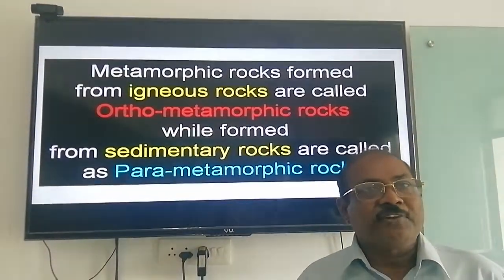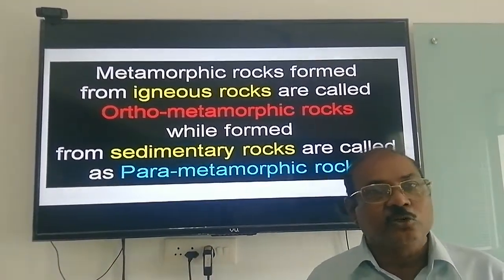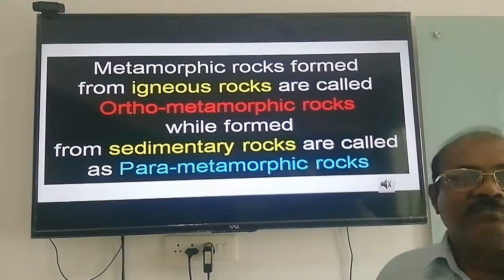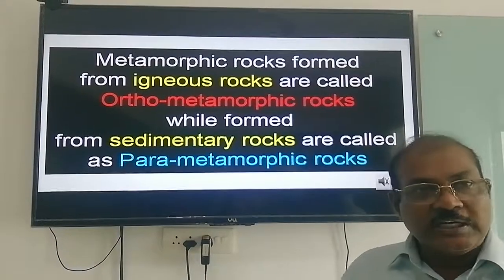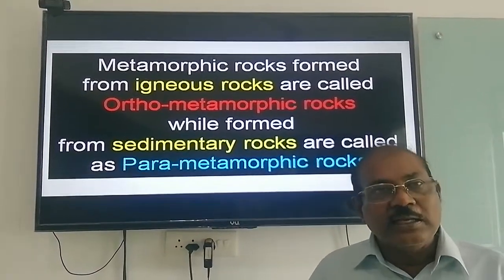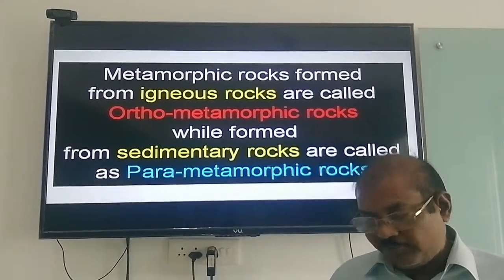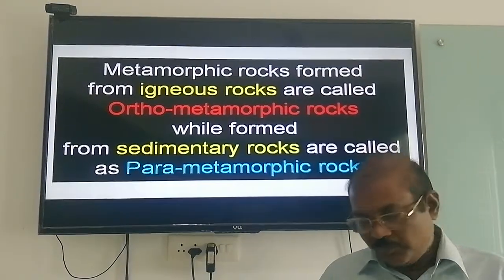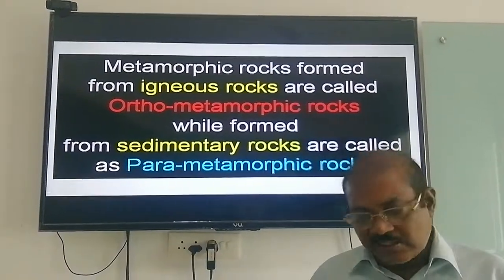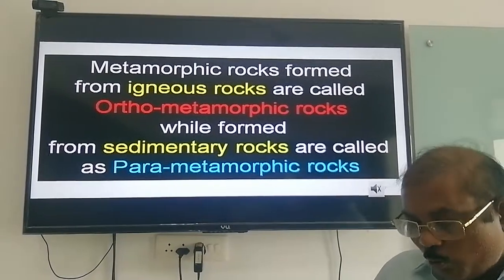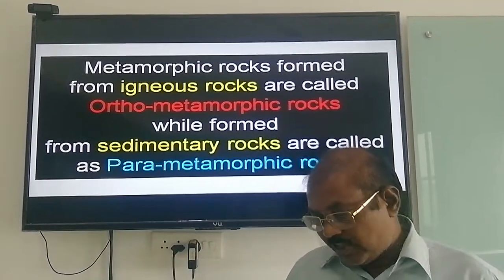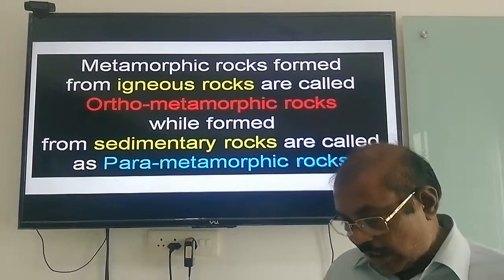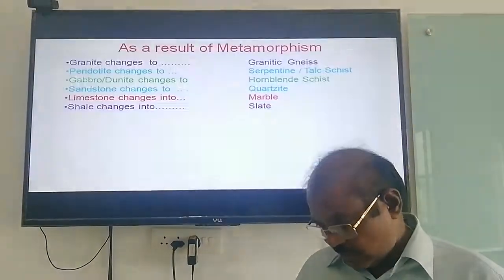Metamorphic rocks are classified into 2 types, orthometamorphic rocks and parametamorphic rocks. The difference is clearly explained here. Metamorphic rocks formed from igneous rocks are called orthometamorphic rocks, while those formed from sedimentary rocks are called parametamorphic rocks.